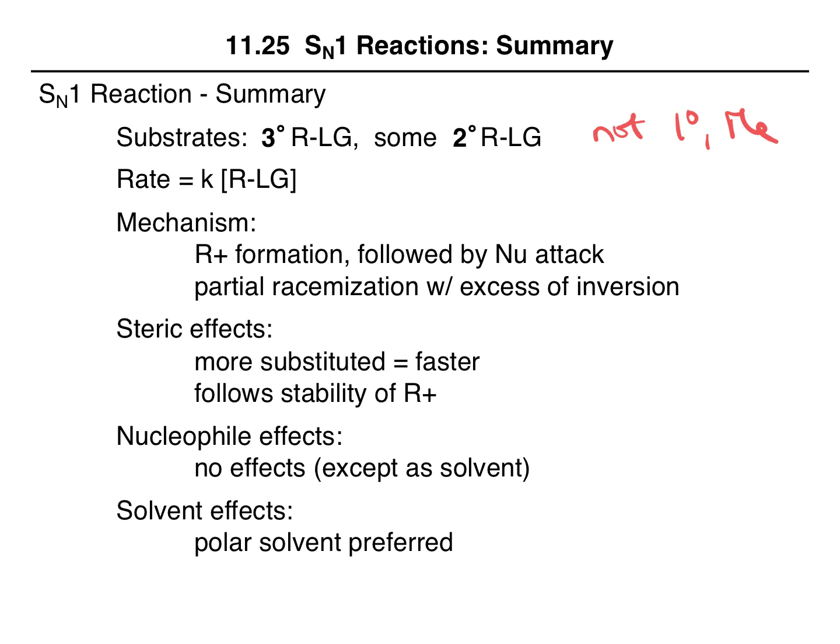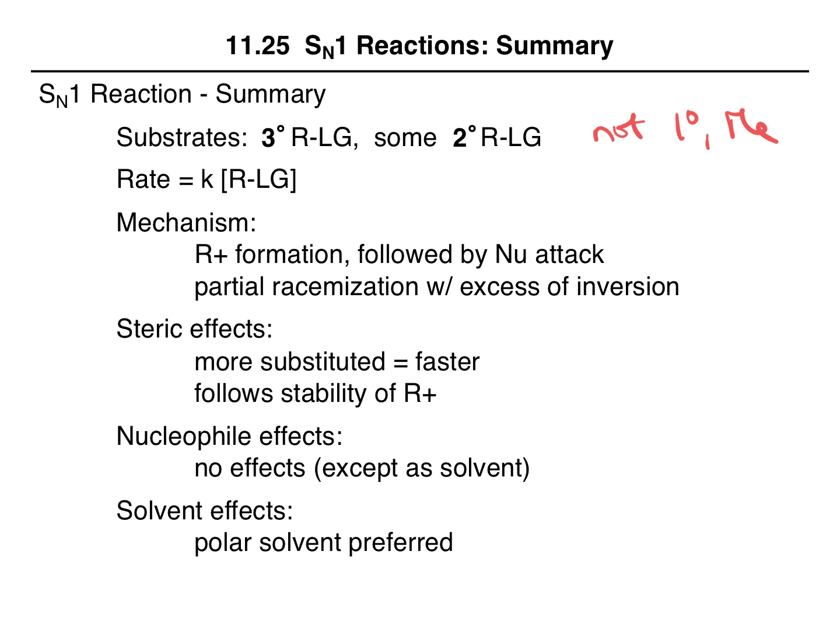The rate law for an SN1 reaction tells us that the rate is equal to a rate constant k times the concentration of the substrate, not the nucleophile. It is called SN1 because it is unimolecular, only one molecule in the transition state of the rate determining step. The mechanism proceeds by carbocation formation, followed by nucleophilic attack.